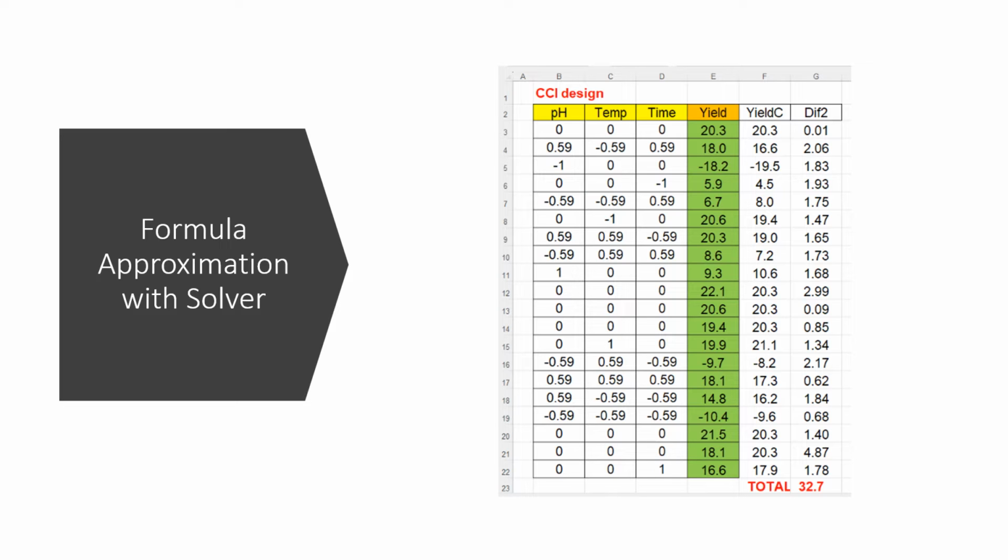We are going to use two alternative methods for the approximation of a quadratic formula to our data: solver and regression. We start with the solver alternative. Open Sheet Response Solver.